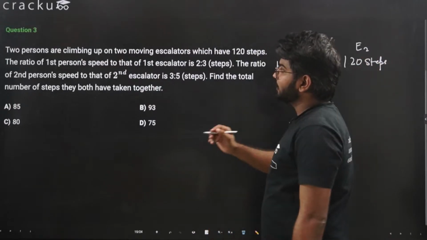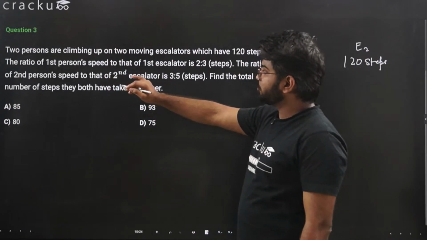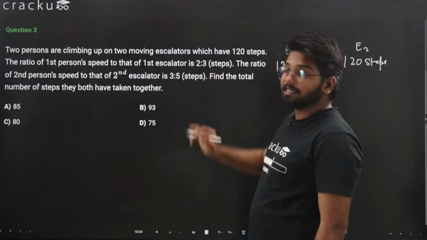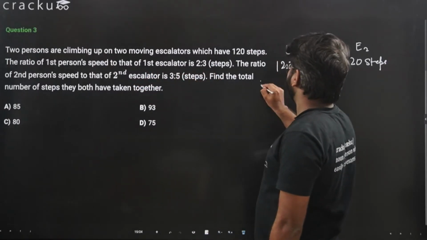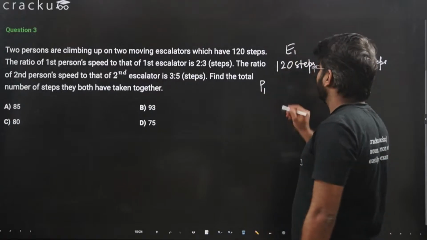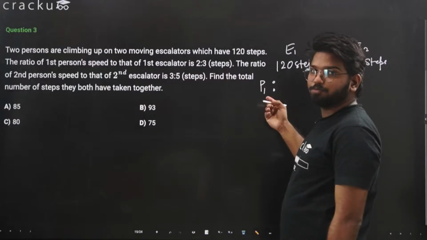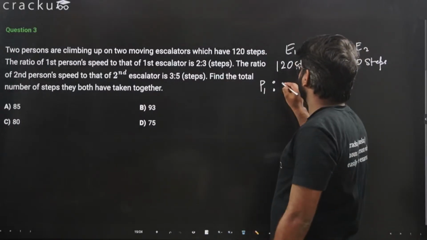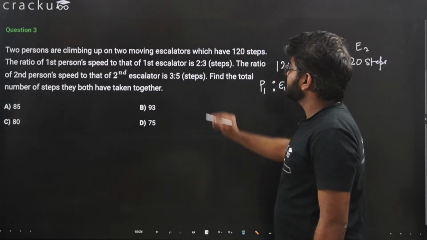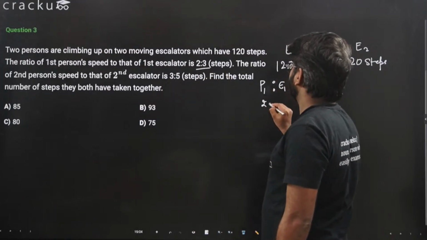Now the ratio of the first person's speed to that of the first escalator, let's say first person is P1, and the speed of escalator 1 is E1. This is given as 2:3 steps.